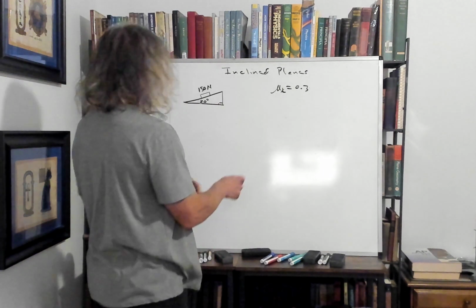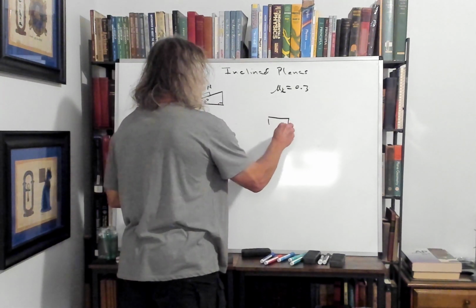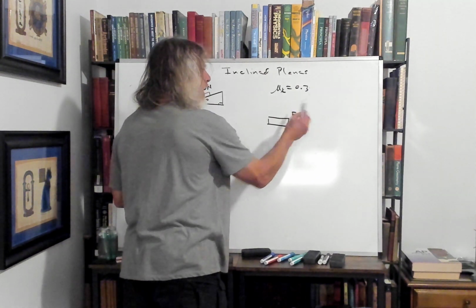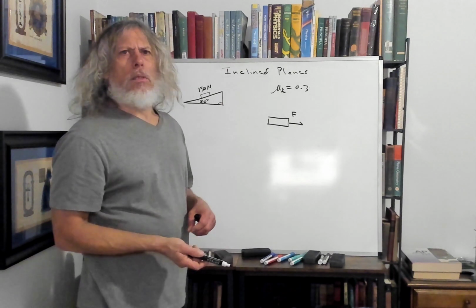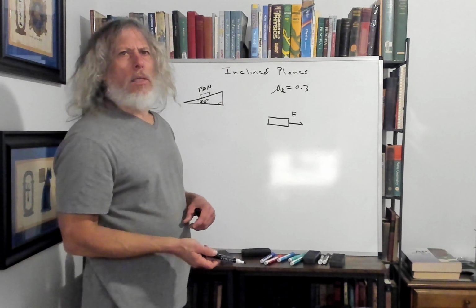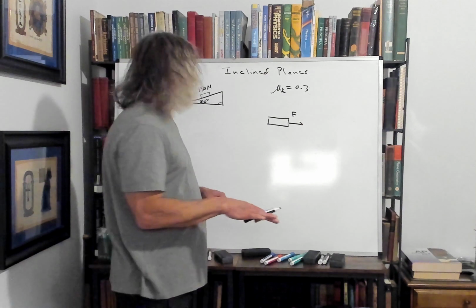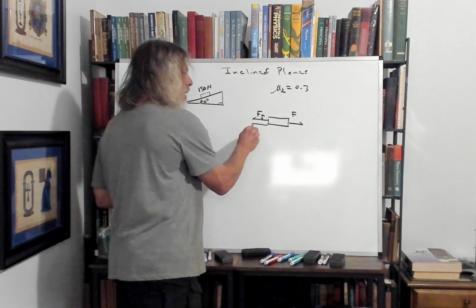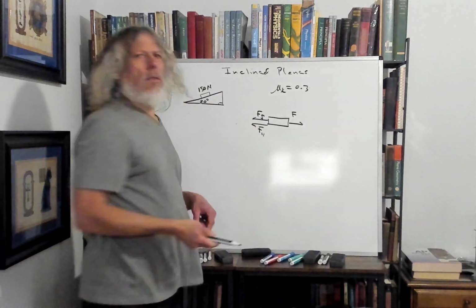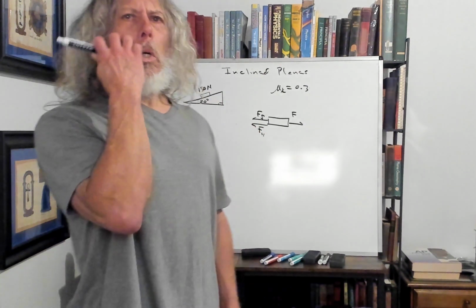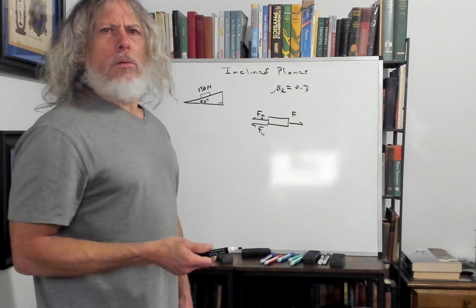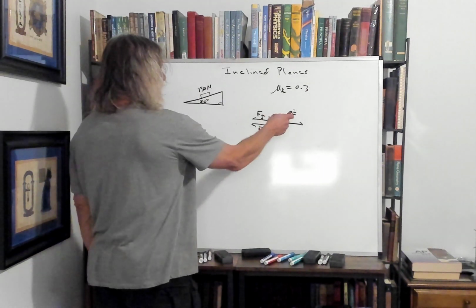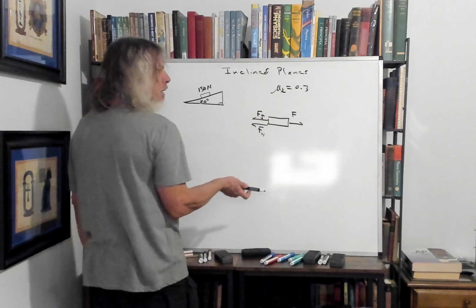What force is needed? So on our object, we need some applied force making it go up. And if it's going that way, friction's always in the opposite direction. We've got the parallel component of weight pulling it down. And so we need this to equal these for constant velocity.